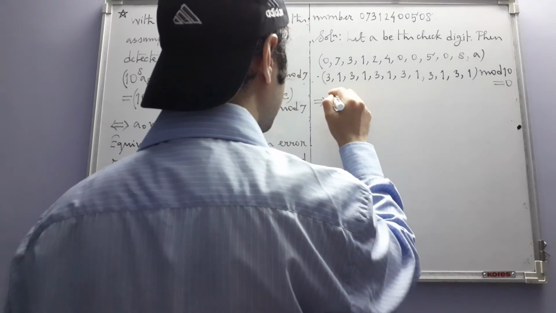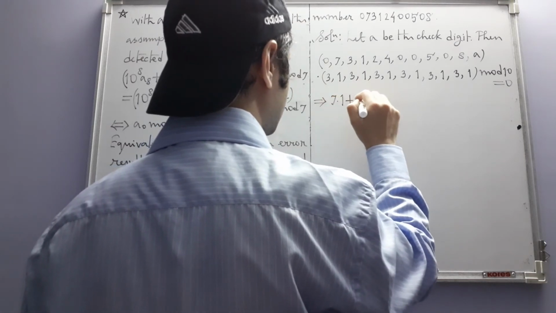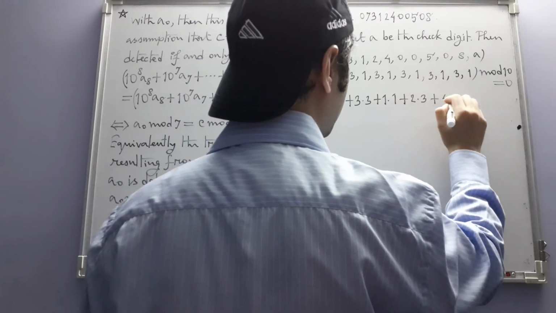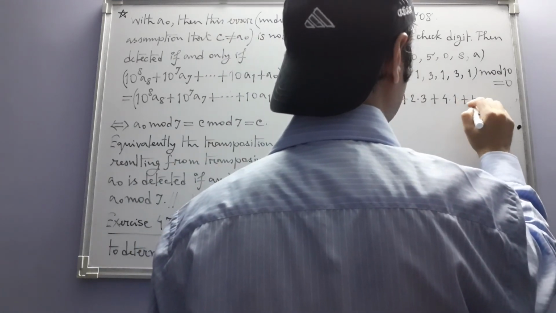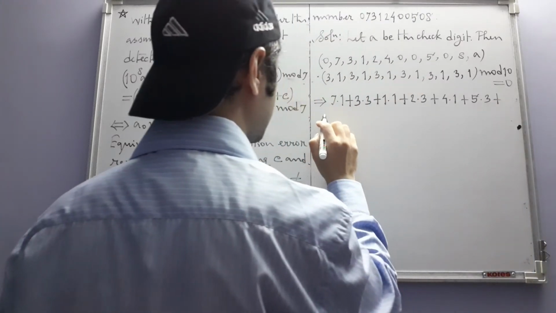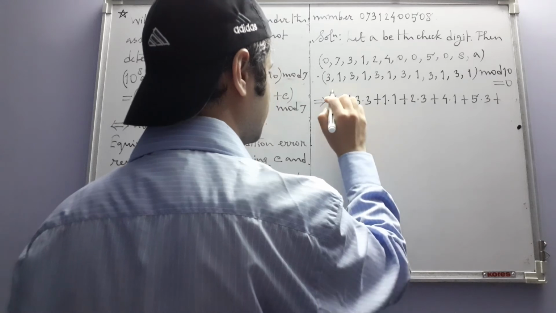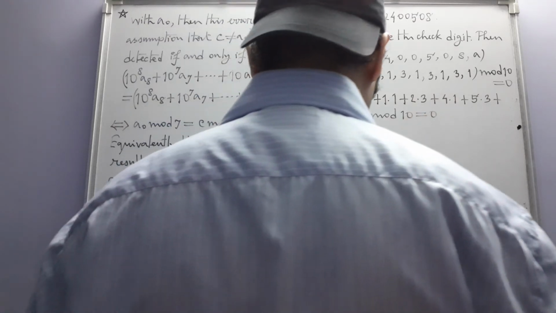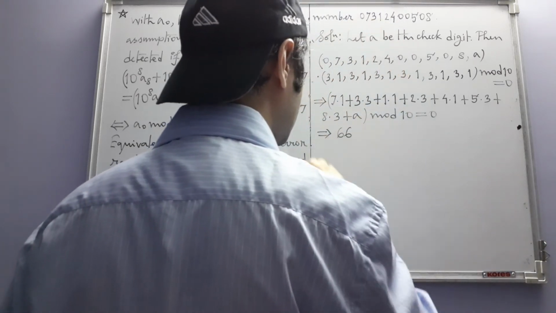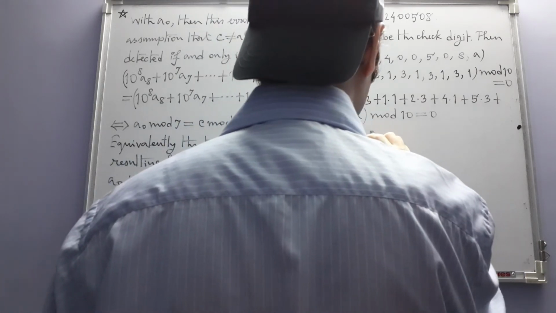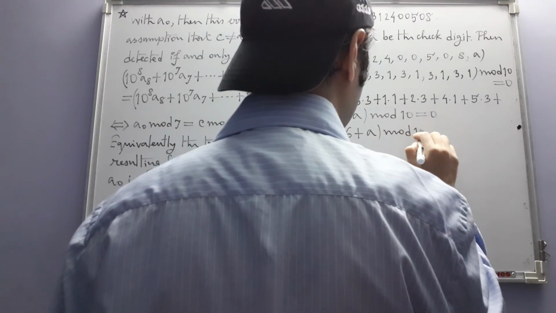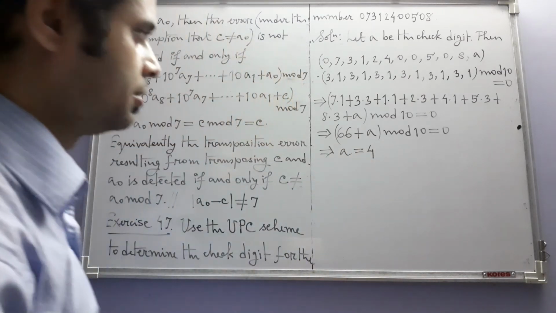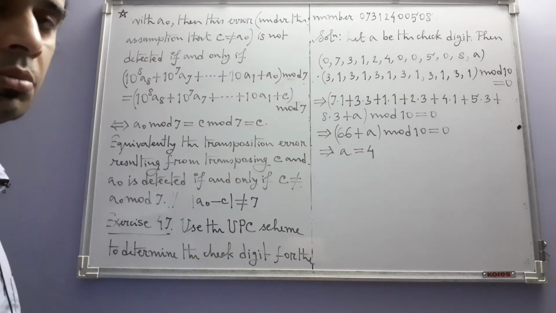So you can calculate 7 times 1 plus 3 times 3 plus 1 times 1 plus 2 times 3 plus 4 times 1, these two will be 0, plus 5 times 3 plus 8 times 3 and finally A, mod 10 is equal to 0, and this gives us ultimately 66 plus A mod 10 equal to 0, and that implies A is equal to 4, because if A is 4 you get 70 mod 10 is 0.